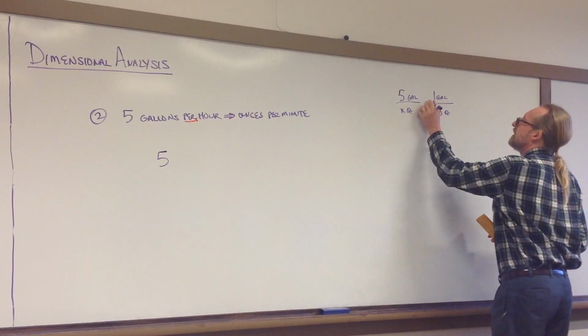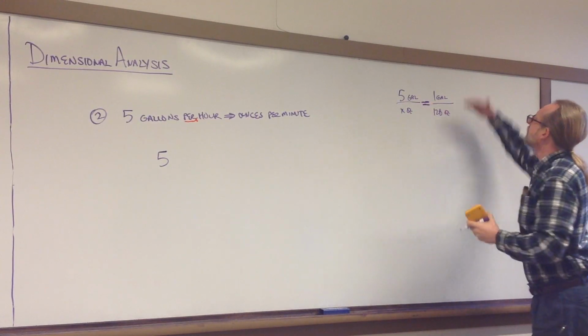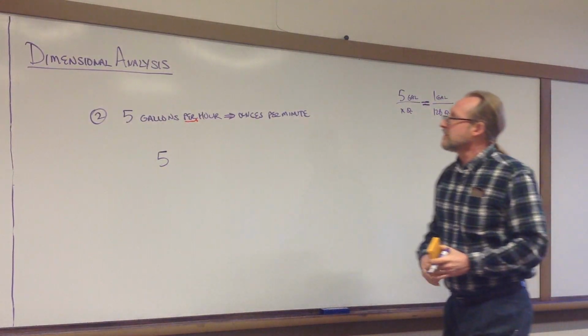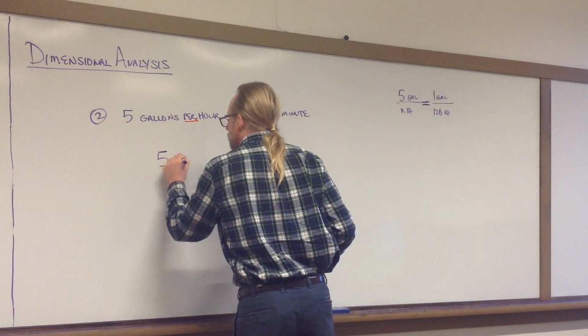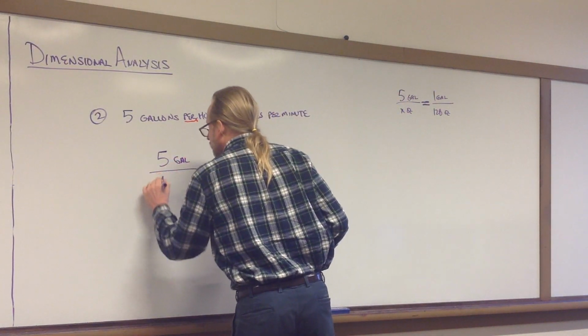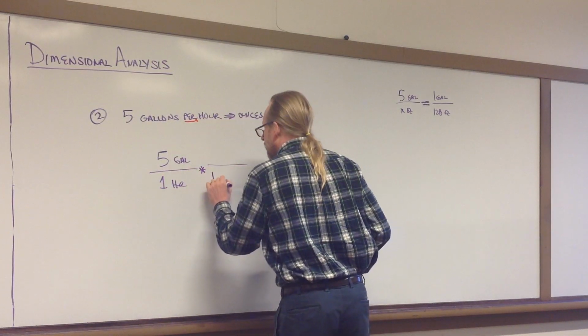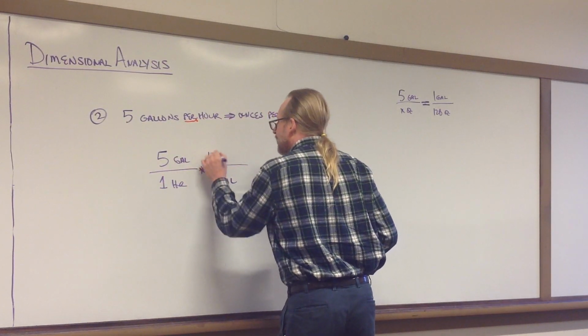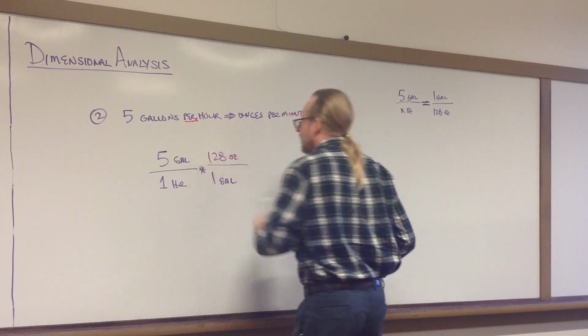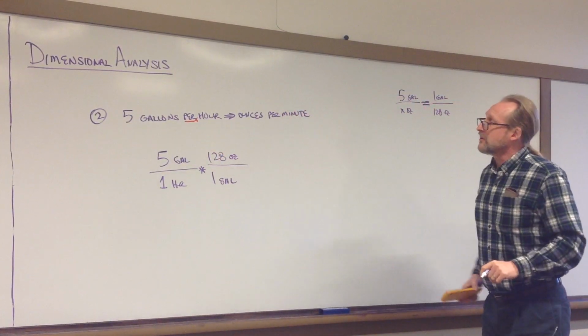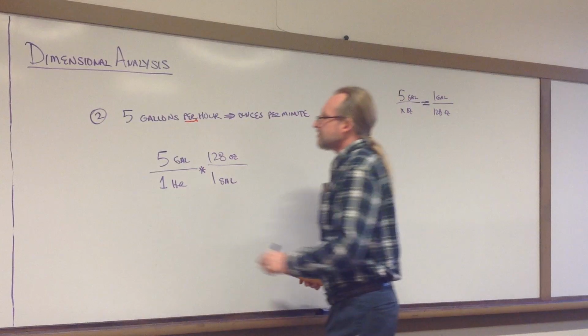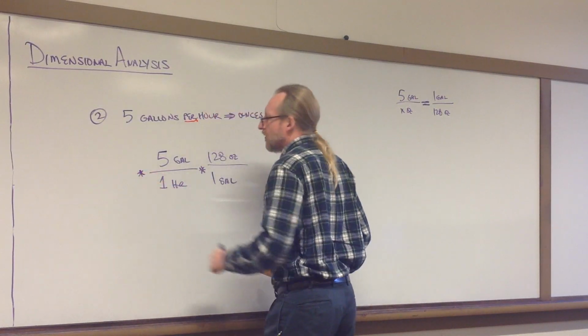Notice across the equal sign, I put the gallons in the same place. If I'm going to do all this converting all at once, to make this conversion, I put the gallons in the opposite place and the ounces up where the gallons are there, okay? And then the same thing with the hours.